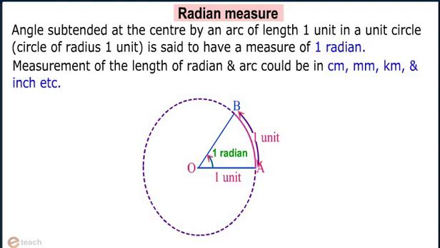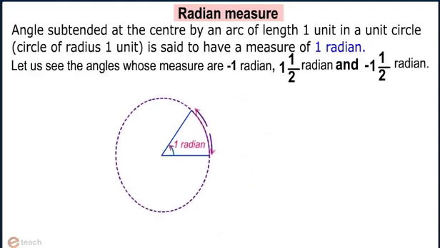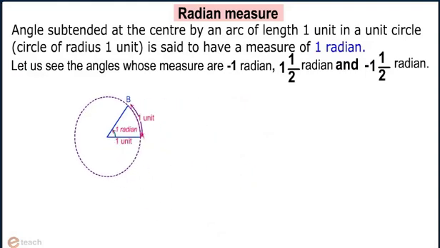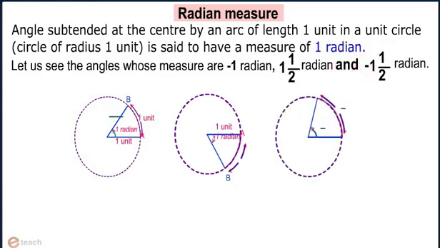Measurement of the length of radius and arc could be in centimeter, millimeter, kilometer, inch, etc. Let us see the angles whose measures are -1 radian, 1.5 radian, and -1.5 radian.